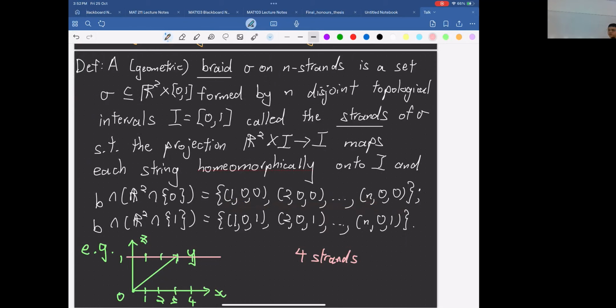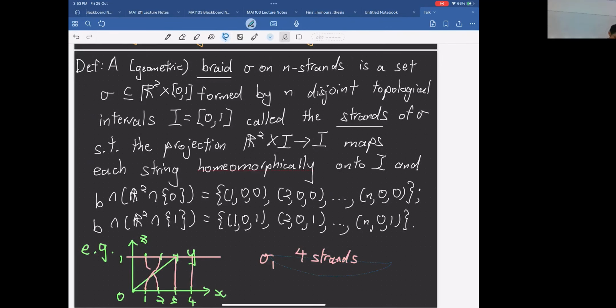How do we draw these strings? We just make sure that each is a homeomorphism. For example, we can draw something like this. There's a crossing on the first strand and the second strand, and we will call this generator sigma 1.